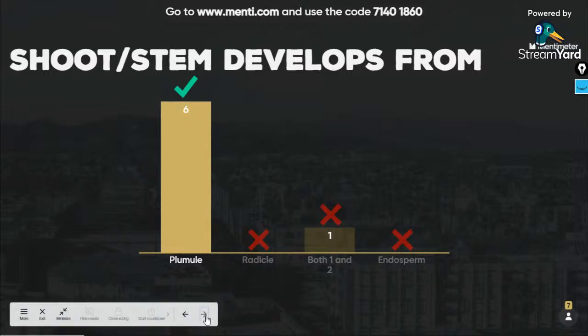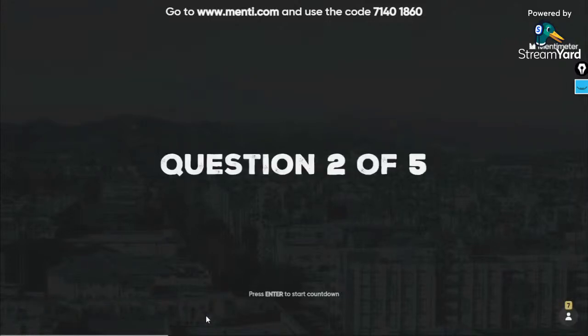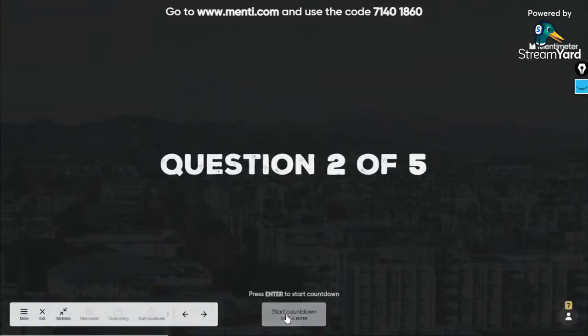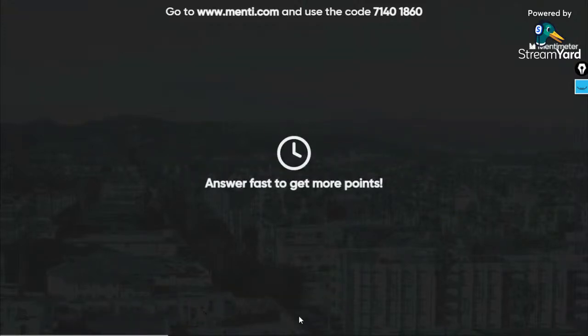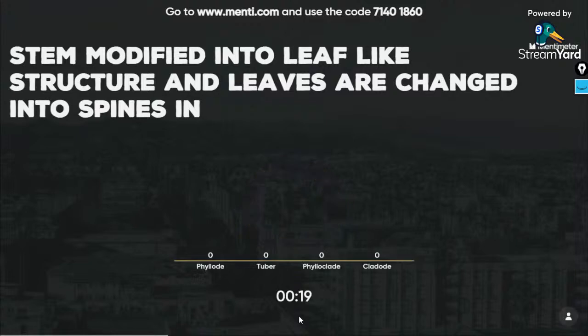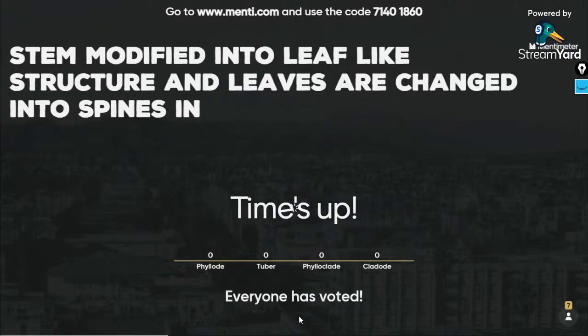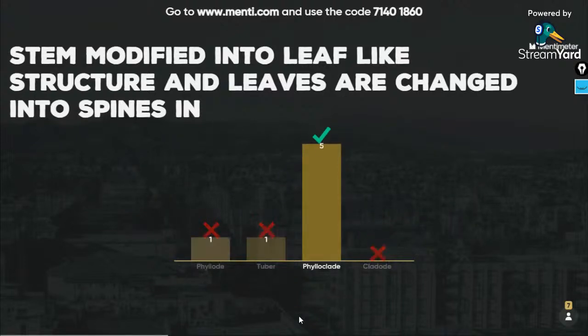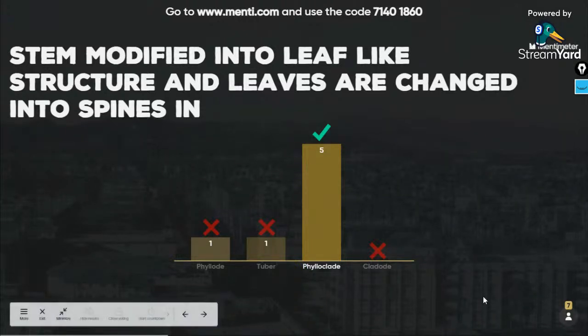Okay, question number 2. Stem modified into leaf-like structure and leaves changed into spines in phylloid, tuber, phylloclade and cladode. Yes, phylloclade is the correct answer.